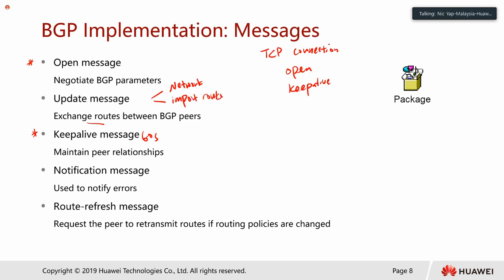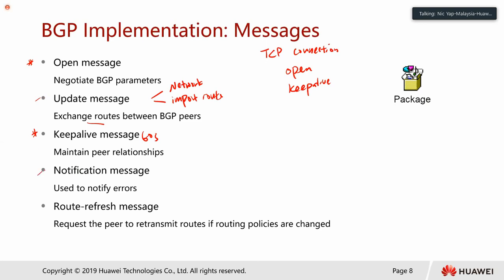These are the 2 methods to advertise our network into BGP. Either one of them you define, then they will send the update message to the peers. Only when you're advertising will they send the update message and exchange the information between the peers. Okay, that is the update.